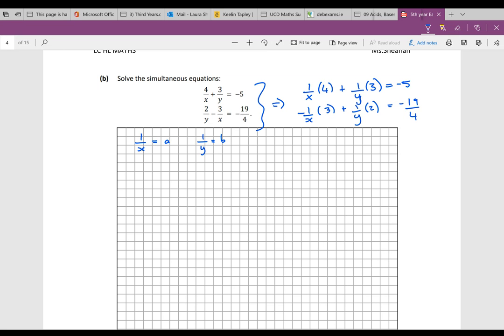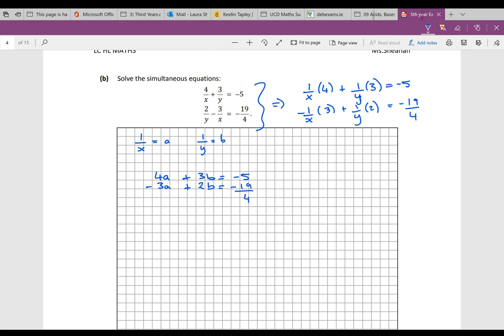So now I can write this equation as 4a + 3b = -5 and -3a + 2b = -19/4. It's up to you if you want to get rid of the 19 over 4 there.